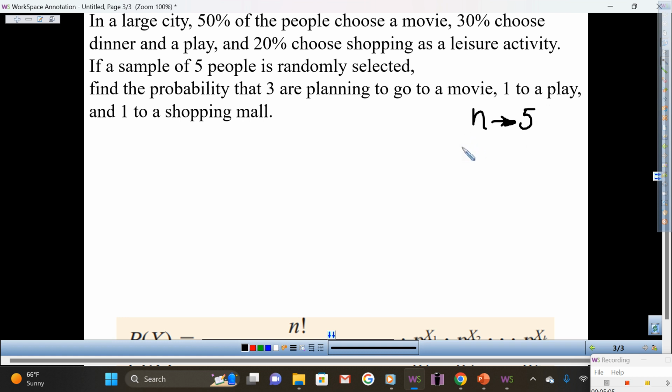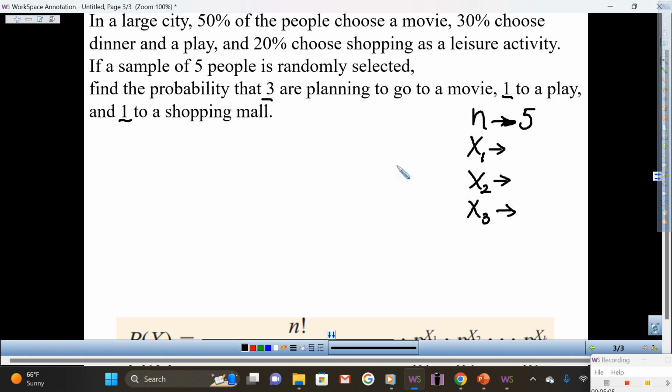What are they asking us to find? Probability of what? 3, what else? 1, and 1. So that means we have x sub 1, x sub 2, and x sub 3. Now instead of just 1 x, we have 3 different ones. That's why it's called what? Multinomial. There you go.